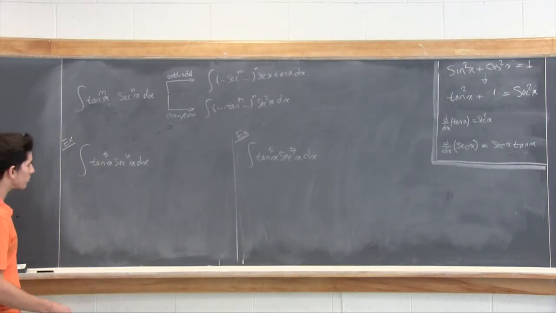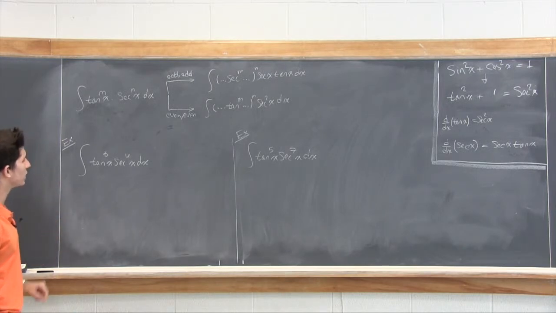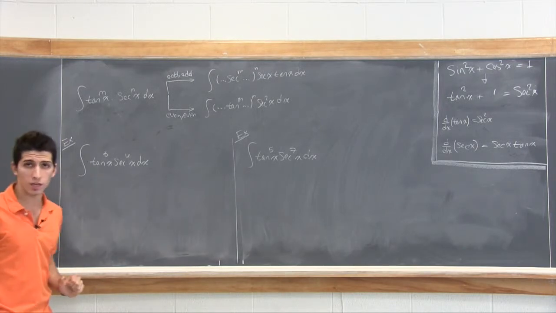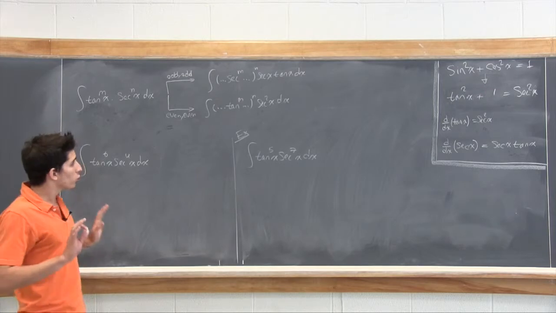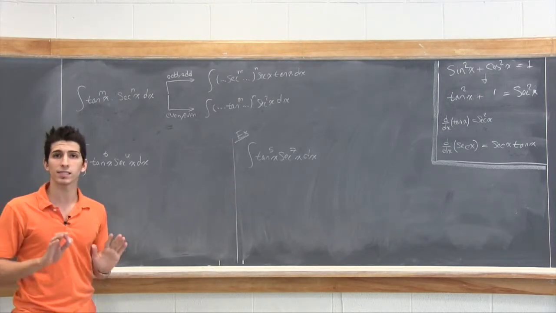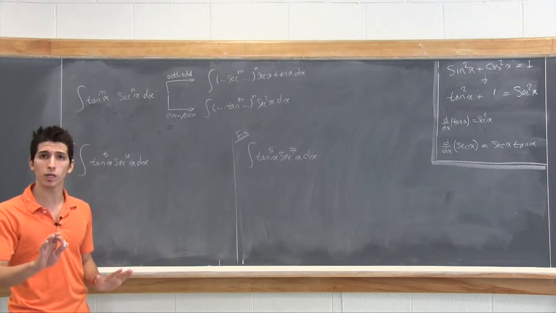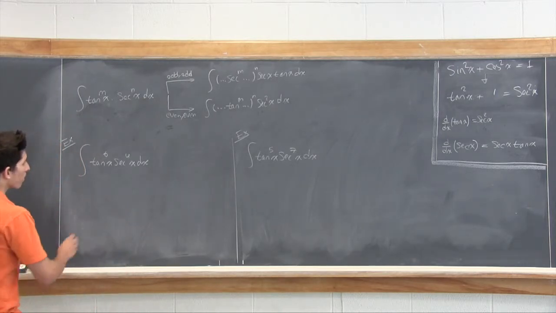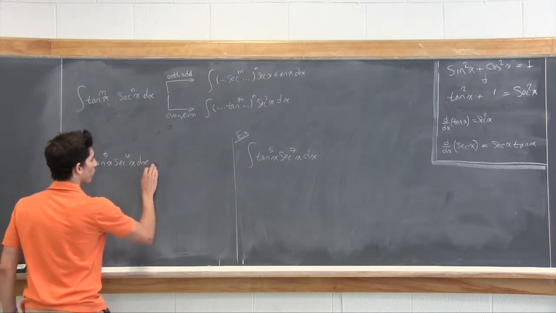If we have tan to the 6th x, secant to the 4th x, they're both even. So what I'm going to try to do is get a secant squared x by itself. The way I'm going to do it is simple.